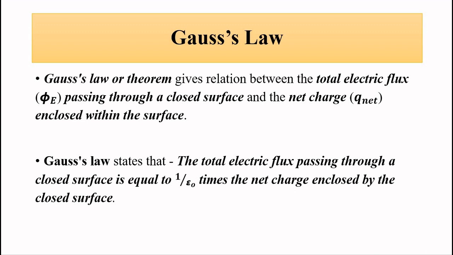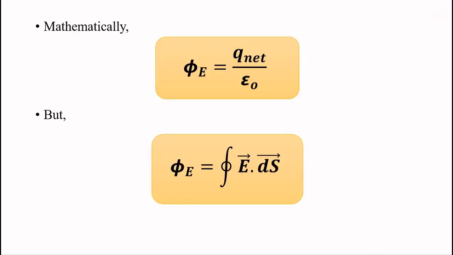Okay, so this is the general statement. Electric flux, which is the number of electric field lines passing through the closed surface, is equal to the total charge divided by absolute permittivity, or it is also expressed as the closed surface integral of the electric field intensity vector and the surface area element vector.